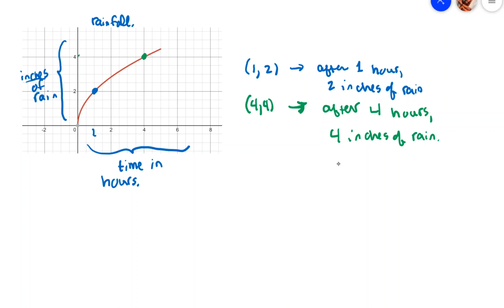But maybe I want to know what happens as time elapses, as time goes by. How fast has the rain been falling? That's a rate of change.